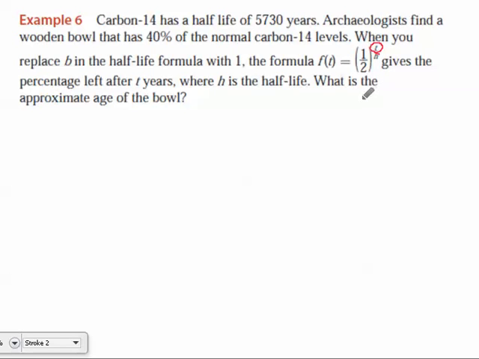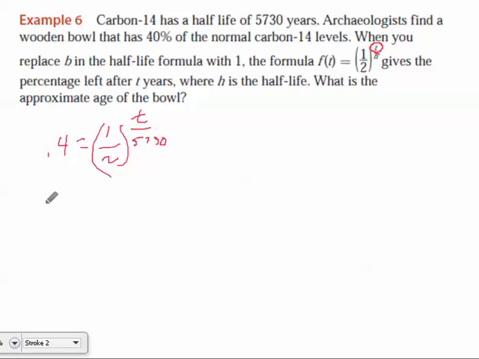So we actually know all the values here that we need. We're going to say that 0.4 is equal to 1/2 raised to the t over 5,730. Well, I can do logarithmic form here.